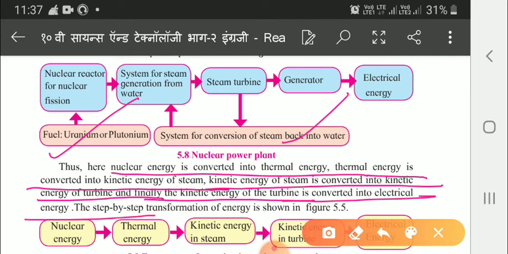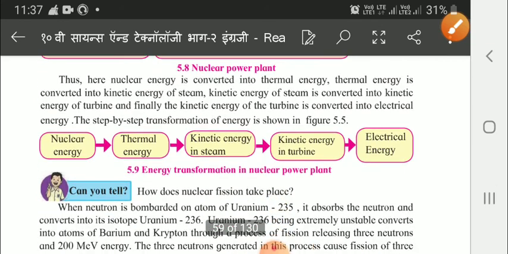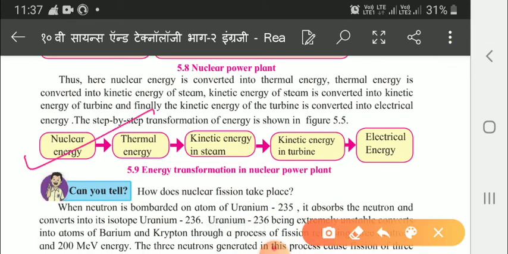So step by step, this is nuclear energy generated from the uranium. Then it changes to thermal energy. Thermal energy appears in the form of kinetic energy present in the steam. It rotates the turbine, which drives the generator, and the electric energy is produced.